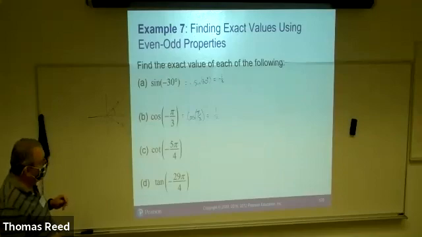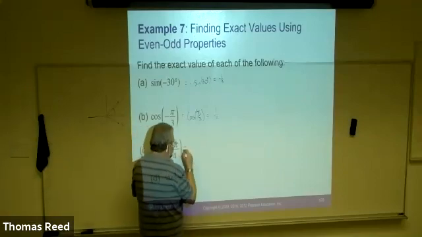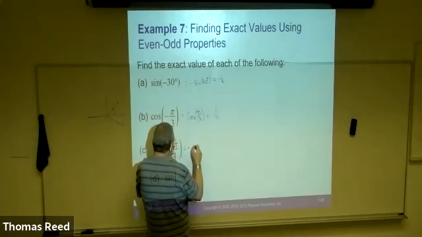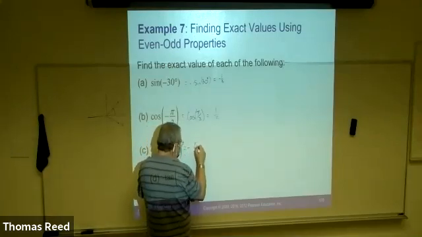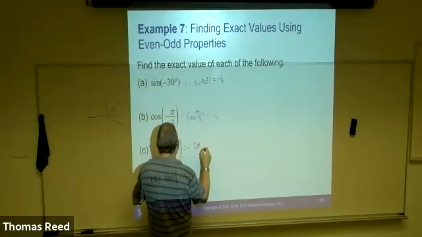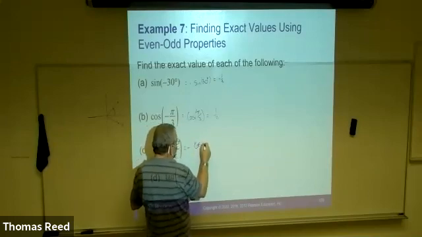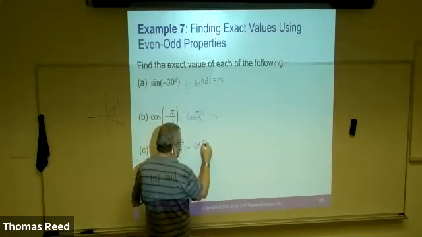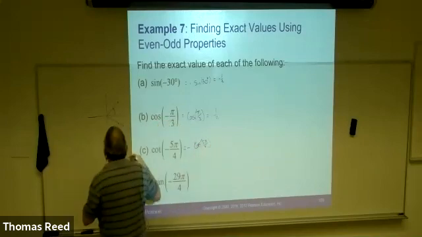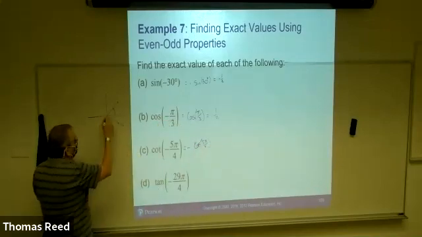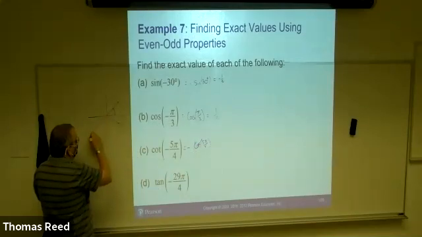Cotangent, that's going to be the negative of the cotangent of 5 pi over 4.